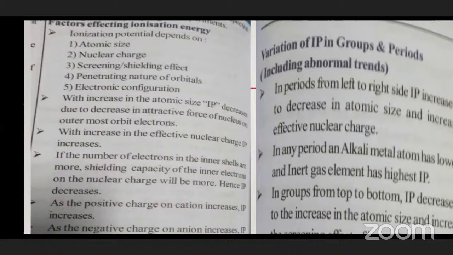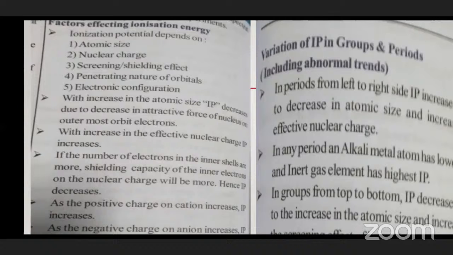Because of that, the attractive force between the nucleus and the core electrons decreases. Why? Because these inner electrons are acting as the shield itself. When the attraction force on the valency electrons decreases, we can remove the electron easily, with low energy.